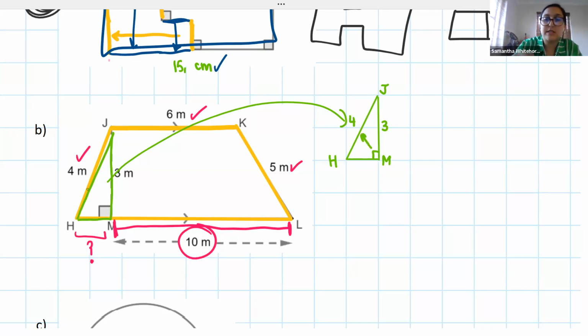Your hypotenuse is HJ, so HM cannot be bigger than 4. We need to keep all of this information at the back of our heads. I'm going to say it again. HM cannot be bigger than 4, and HM is not 5.